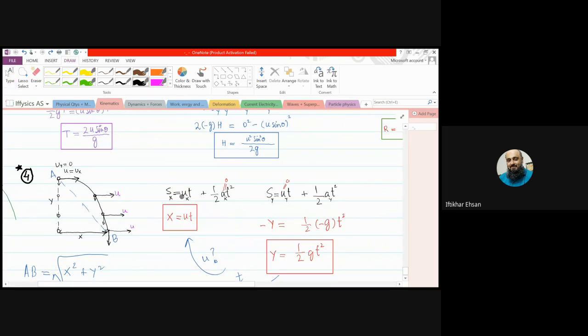We use the second equation of motion, s equals ut plus half at square, for both horizontal and vertical directions. When we apply one vector in the horizontal direction, all the vectors will be in the horizontal direction as well. If one component is in the vertical direction, the other components are also in the vertical direction. Right, Shamas? Yeah. Okay. As we know, in projectile motion the horizontal acceleration always stays zero.